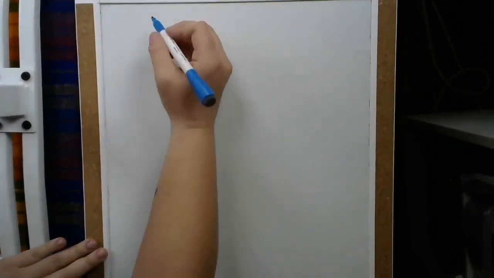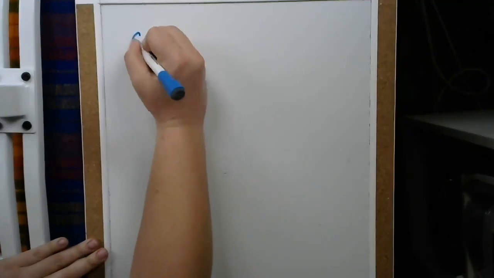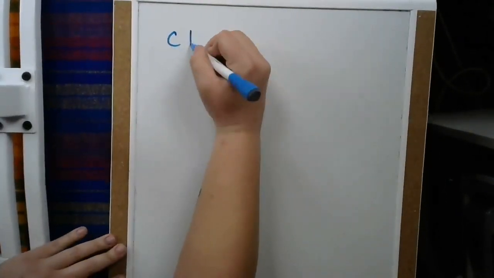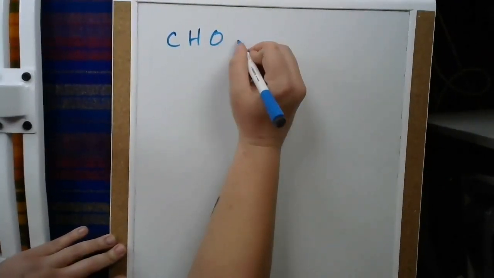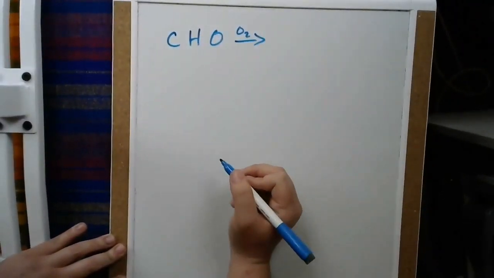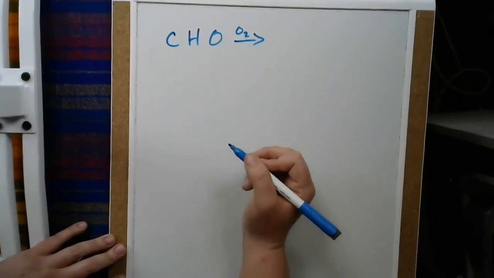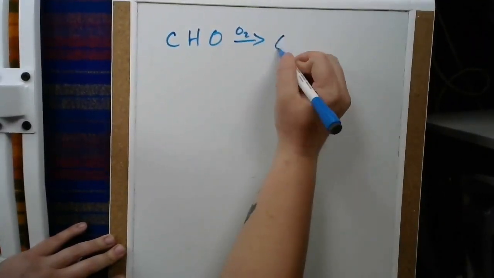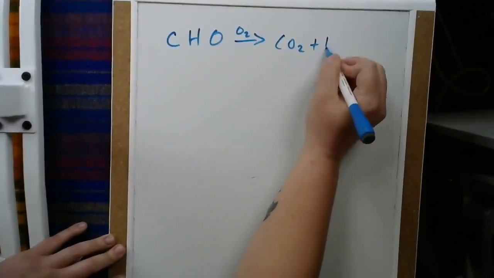So we have a C, an H, and an O sample. We're going to combust it over an oxygen flame. And we're going to get carbon dioxide and water back out, standard for any kind of combustion.